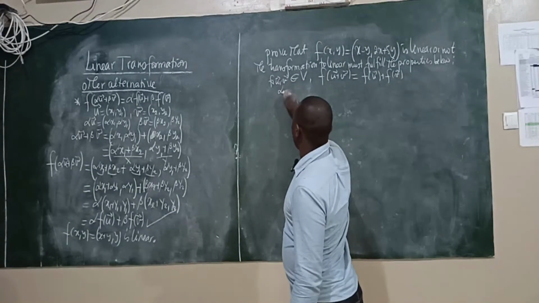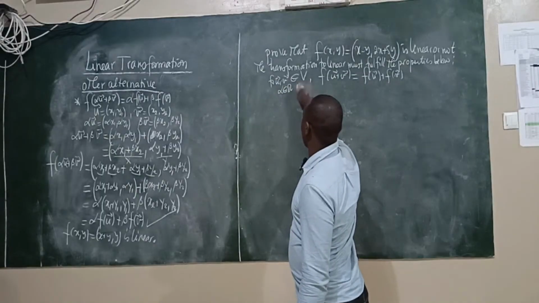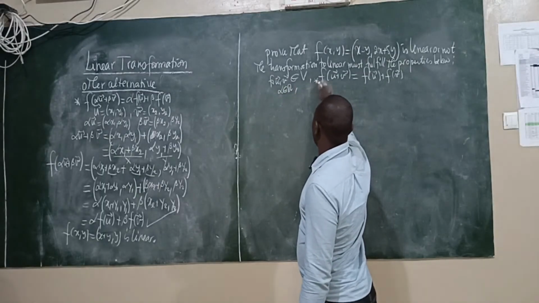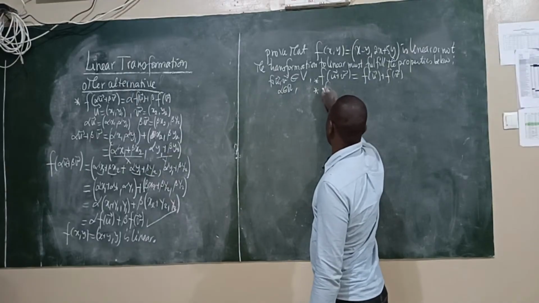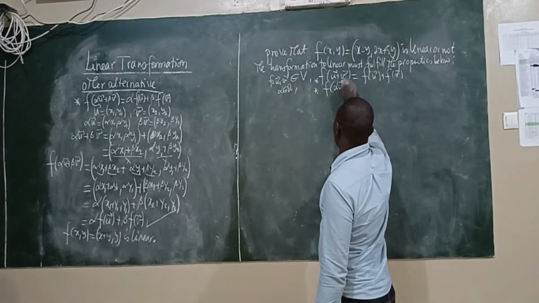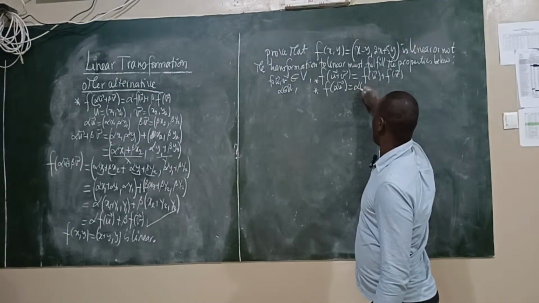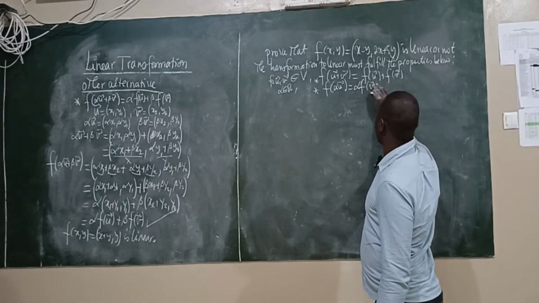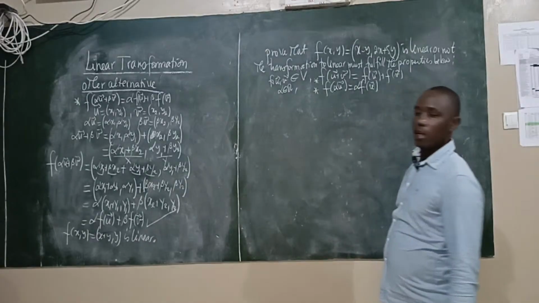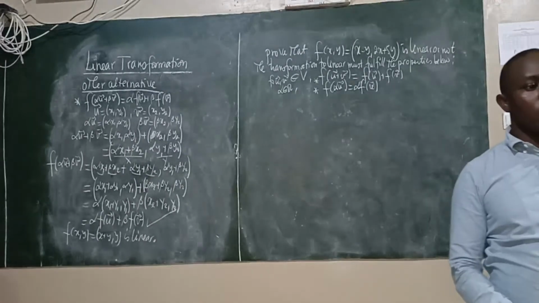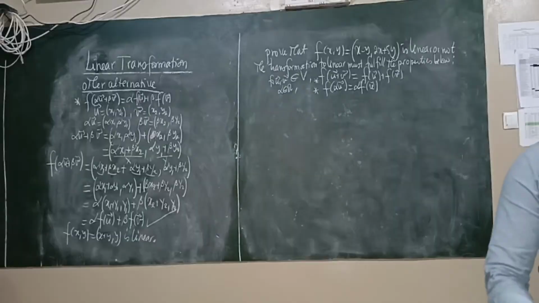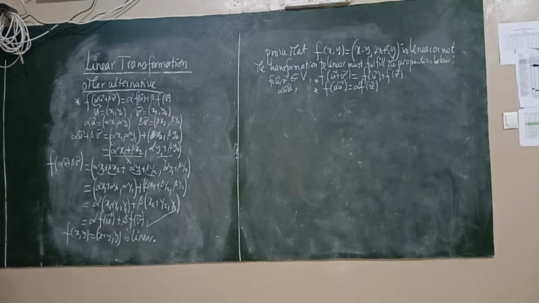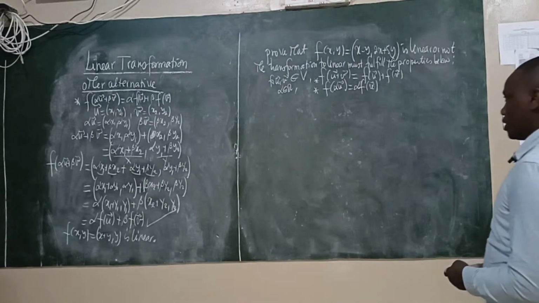For another, the number alpha, the second property is that f of alpha u will be alpha times f of u. Hope you remember these two properties.